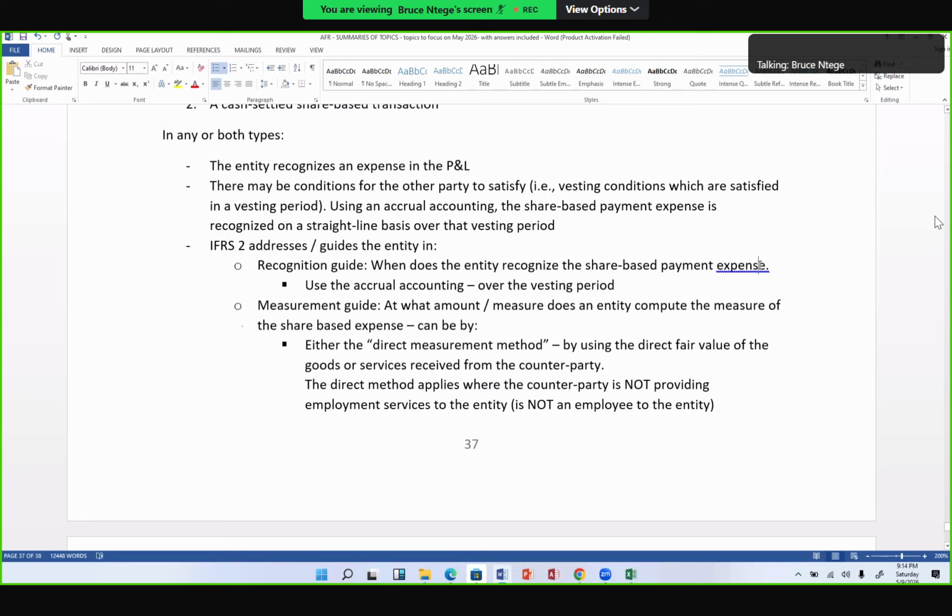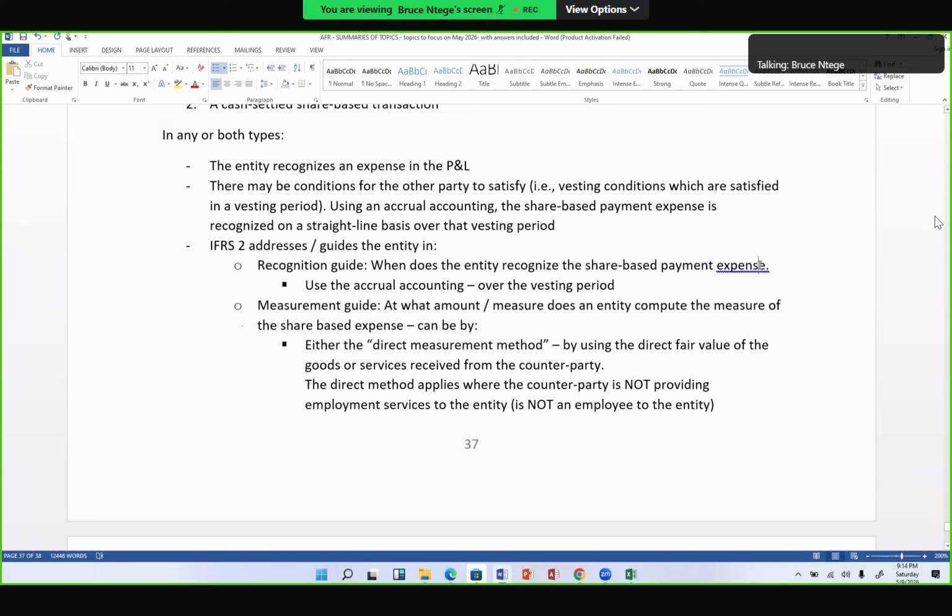You either capitalize a transaction or expense a transaction. So when you expense a transaction on an accrual basis over the vesting period, you do not capitalize it, so you're not putting it as an asset. The equivalent asset is 0 because you've taken it as a revenue expense in the P&L. Ideally, the carrying value of the asset is 0 because you've expensed it on an accrual basis every year.